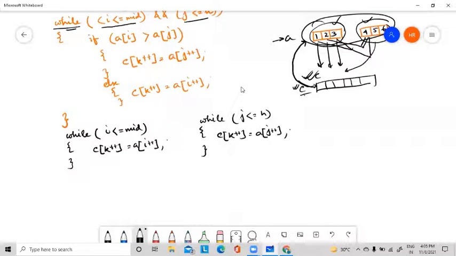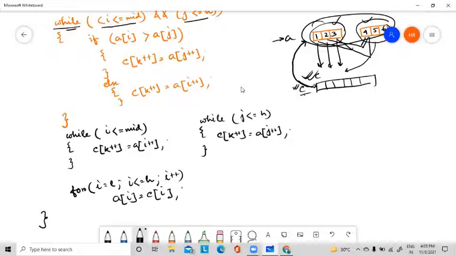So after these two while loops, finally I have to perform a for loop which will copy all the elements from C to A. So this is the end of your merge function.